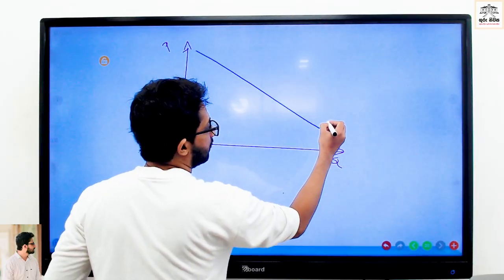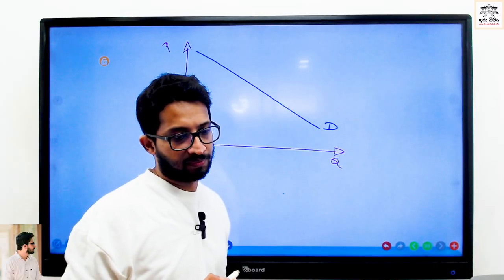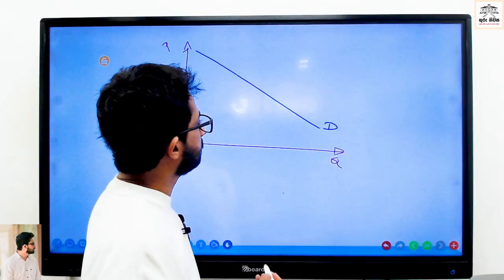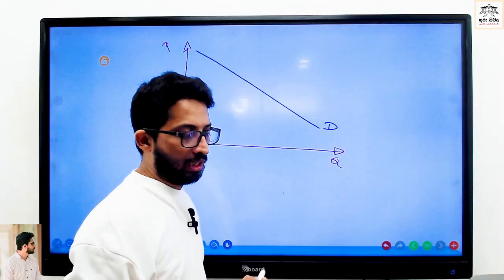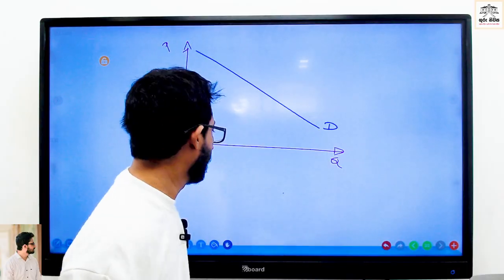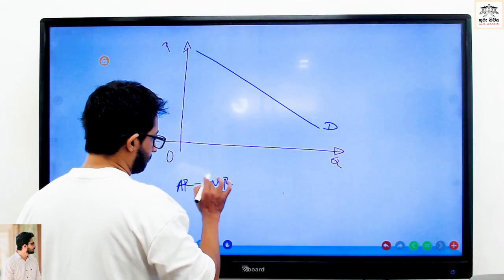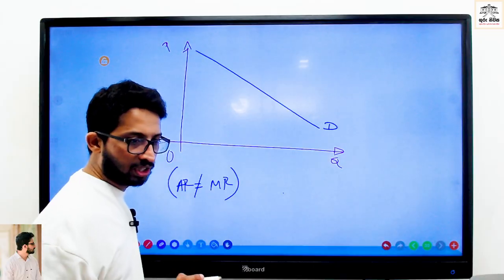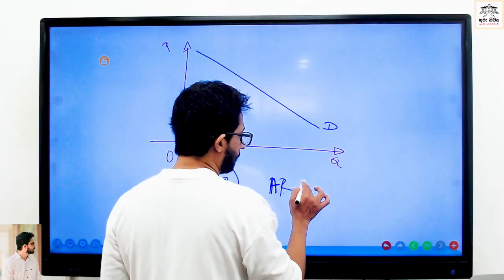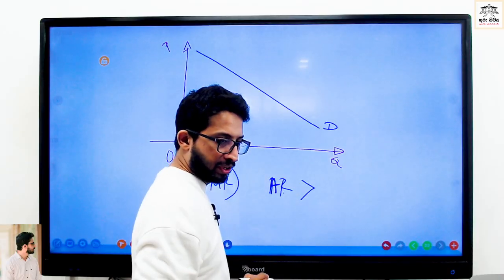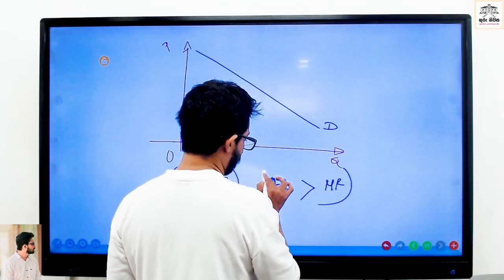This is the demand curve. Normal demand curve. Then put here that average and marginal revenue are not equal. Here remember, Lamai, average revenue is greater than marginal revenue.